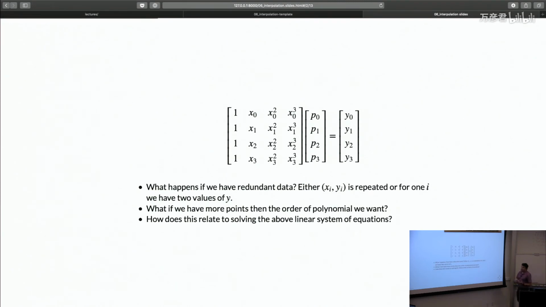So there's actually some interesting questions here, though. What happens if we have redundant data? So what if one of the xi's coincided, which means one of the yi's coincides? Okay? Now, if we have different xi's but same yi, we don't care about that. That's not such a big deal. But if the xi's coincide, we're in trouble, because we have a redundant piece of information.